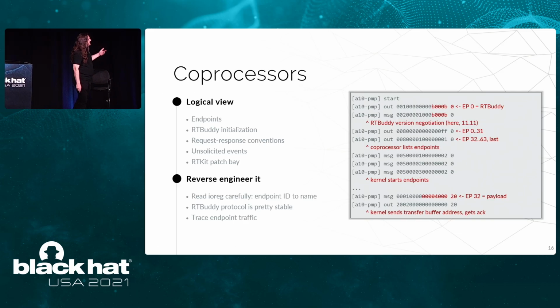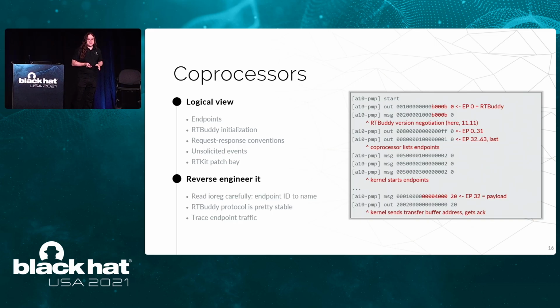Then you have to send in an endpoint list. And this endpoint list, in modern versions of iOS and in macOS and the M1, will come in multiple parts. 32 endpoints are enumerated per message. So you have a bitmask for endpoint 0, and I declare endpoints 0 to 7.